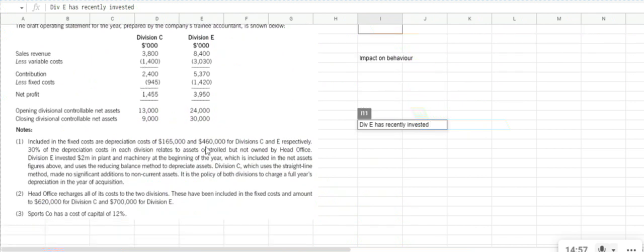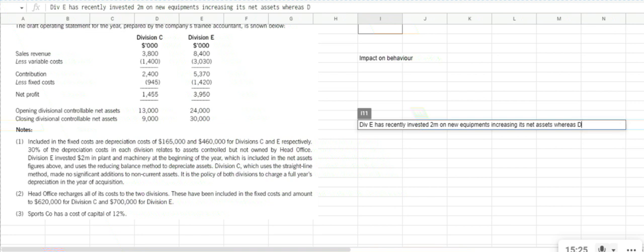You can see from here that division E has recently invested 2 million on new equipments, increasing its net assets, whereas division C has not added any asset.